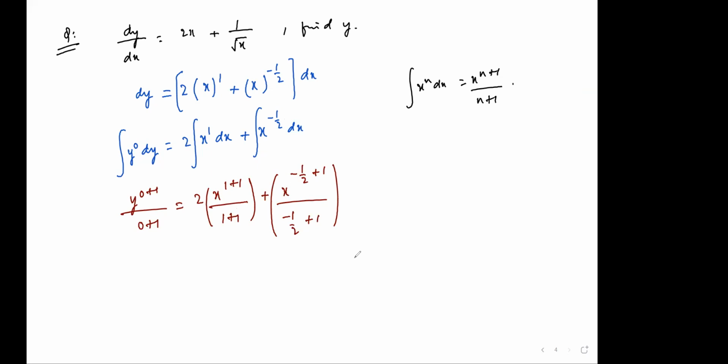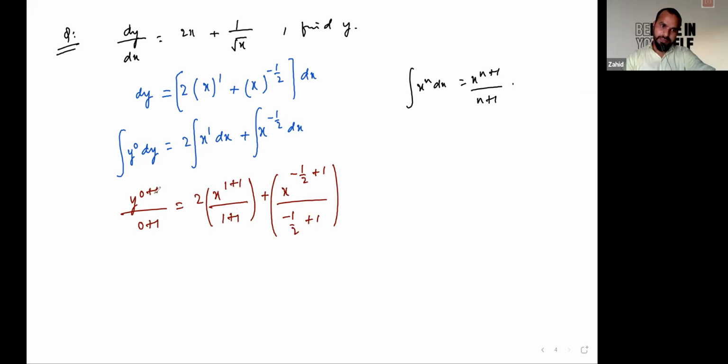Yes, sir. Okay. y raised to the power 0 plus 1 means it will be 1. And this would also mean 1. So it will be just y is equal to x raised to the power 2 divided by 2. This 2 and this 2 will cancel out. Plus x raised to the power minus half plus 1. So it means minus half plus 1 divided by the same. Take LCM to be 2.